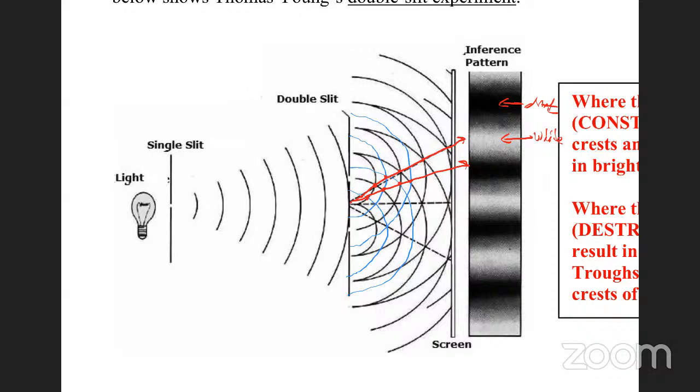So what I want you to do, it will take a little while. I want you all to do this for homework. Do the double slit with a compass. I would like you to measure it out properly. First thing, take a ruler and measure 5 millimeters apart.